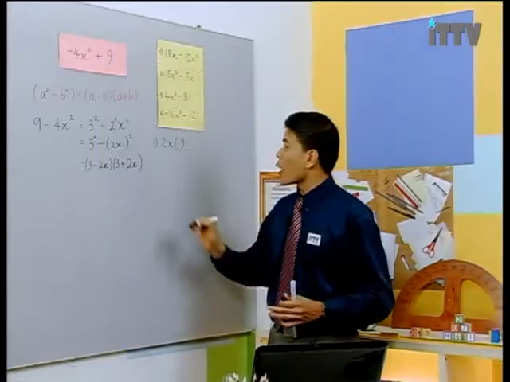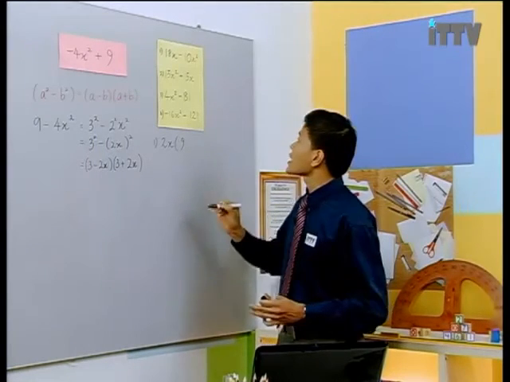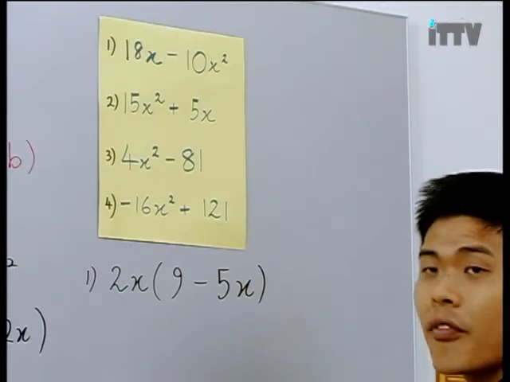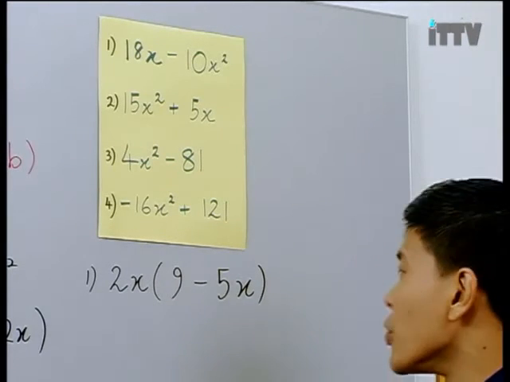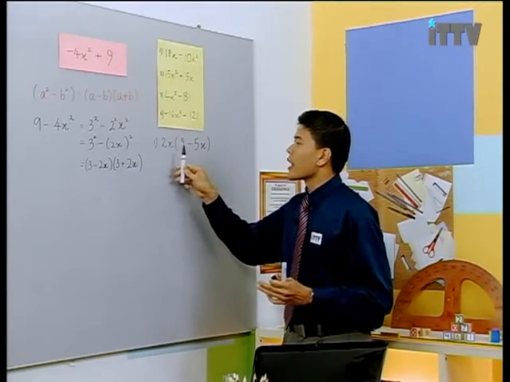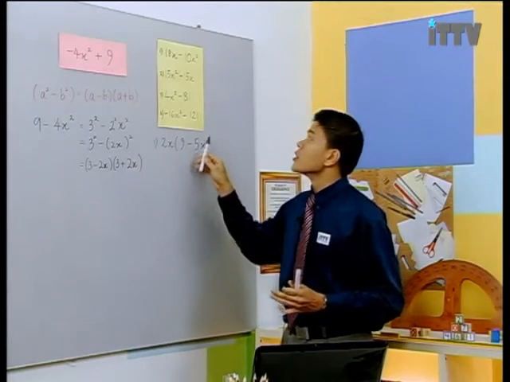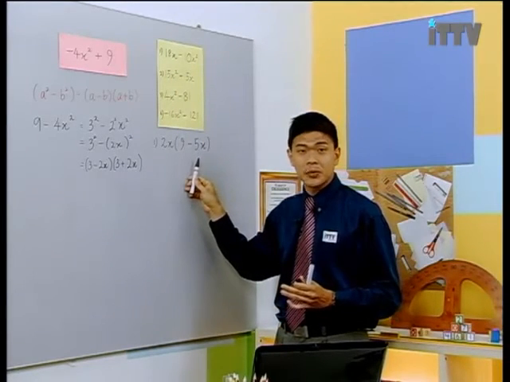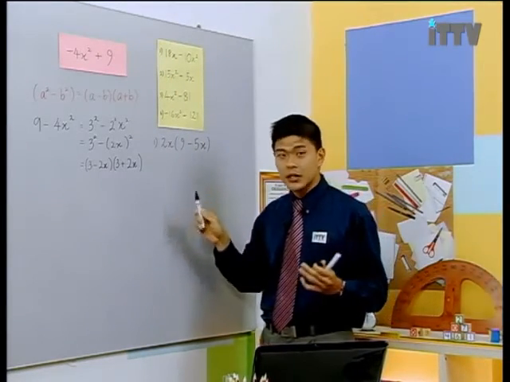Minus 10x squared divided by 2x, minus 5x. And you can always check your answer by expanding the 2x to get back the quadratic expression. So these are the 2 linear expressions in the factorized form.